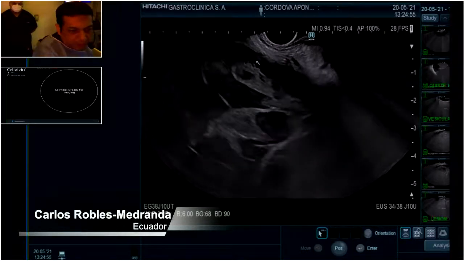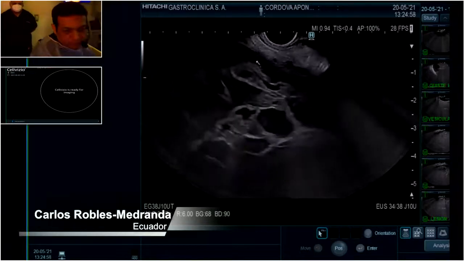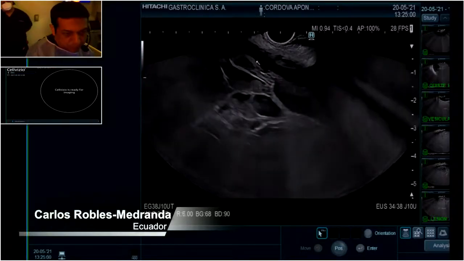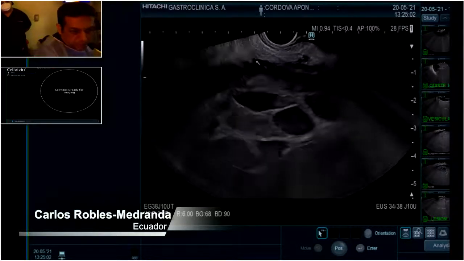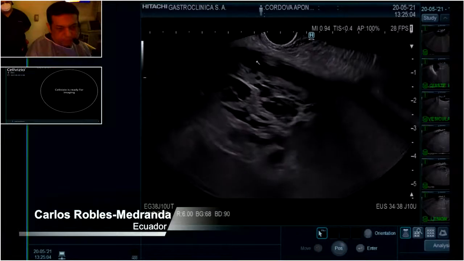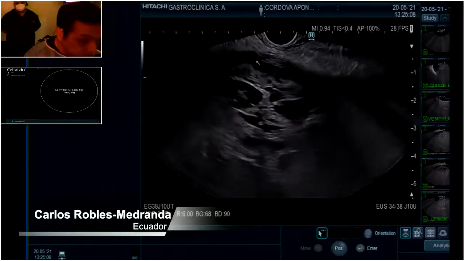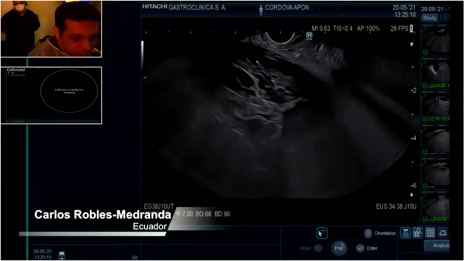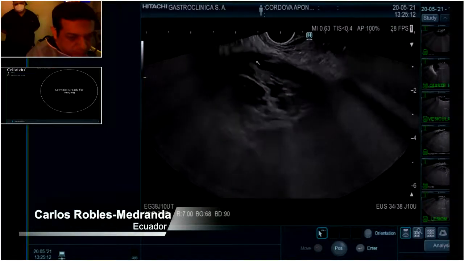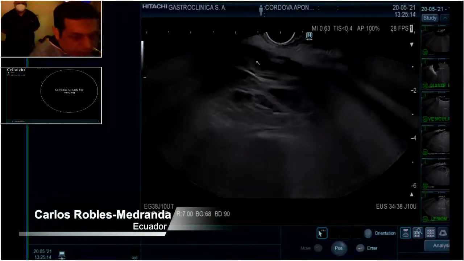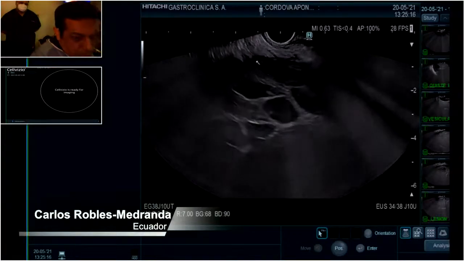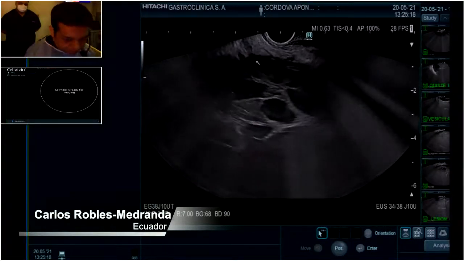So this is a macrocystic lesion. ¿Cuánto medía? So there is a lot of septums inside.